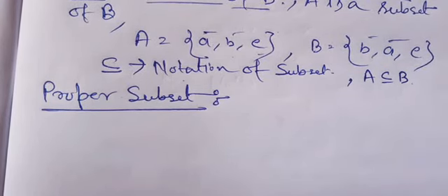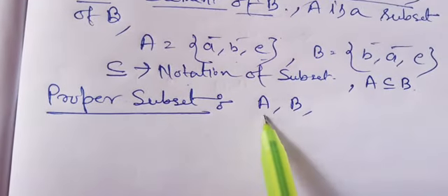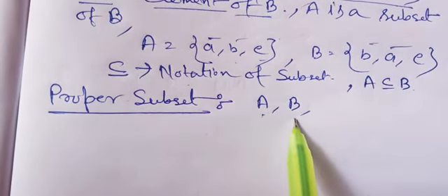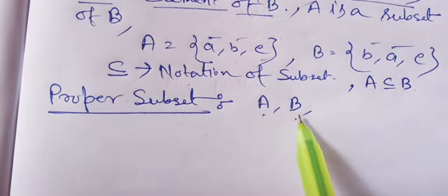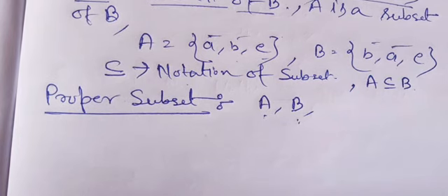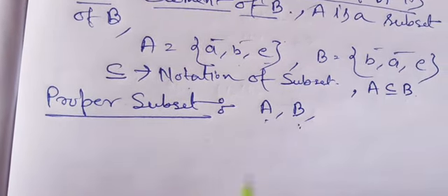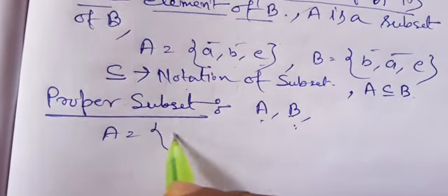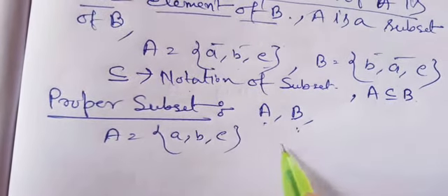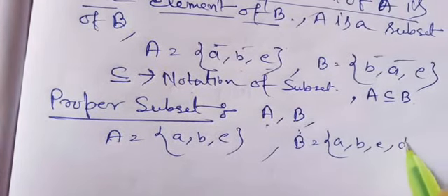If we take two sets A and B, and every element of A is present in B, but there is at least one element in B that is not present in A, then we say that A is a proper subset of B. For example, A is equal to {a, b, c} and B is equal to {a, b, c, d}.